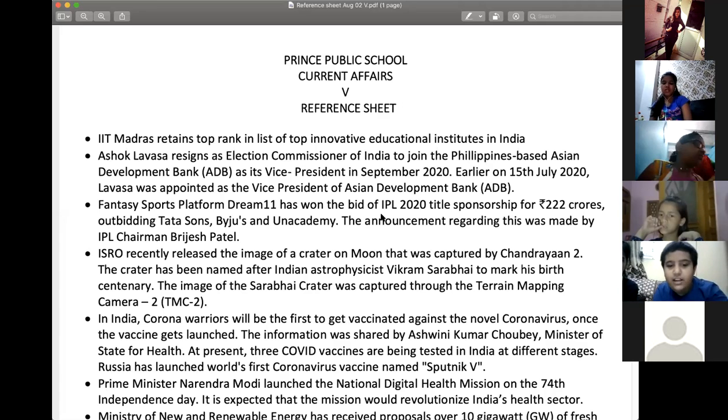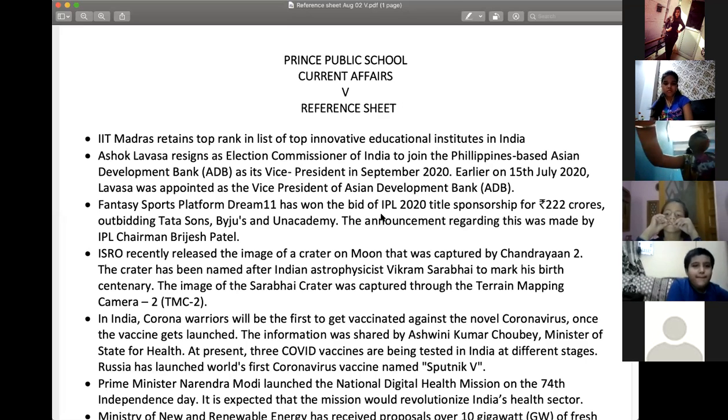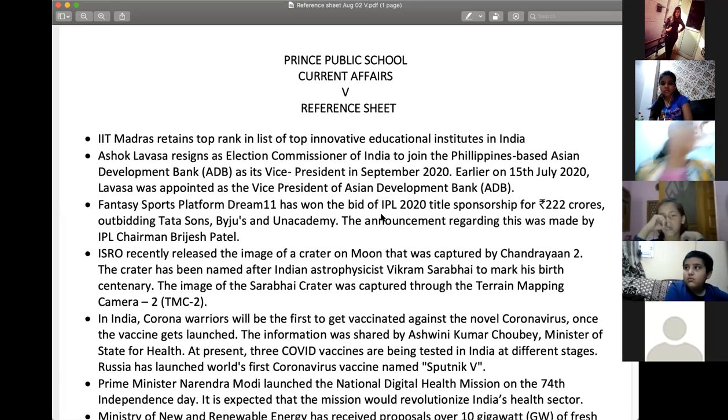Fantasy sports platform Dream 11 has won the bid of IPL 2020 title sponsorship for 222 crores, outbidding Tata Sons, Byju's and Unacademy. The announcement regarding this was made by IPL chairman Brijesh Patel.